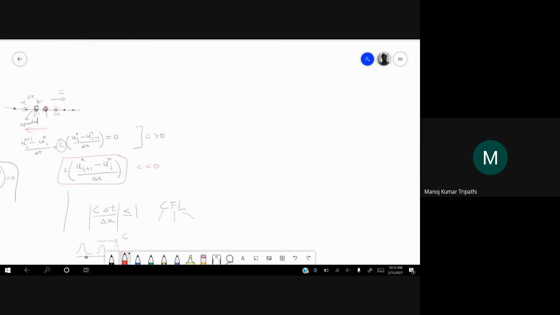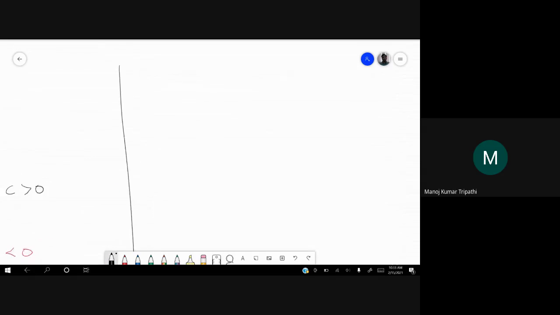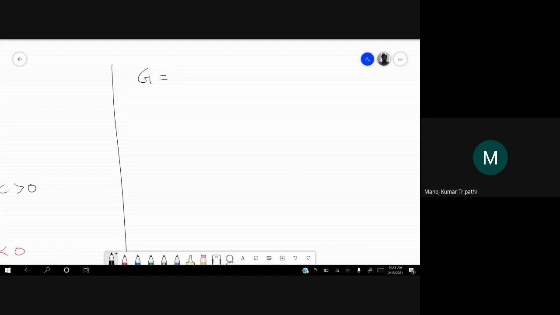Okay. Is there any question? I hope this is all clear. Okay. Now for this case, I can also tell you what G is. In case of the thermal diffusion equation, G was not a complex number, but in this case, as you have seen, for the central difference case, it came out as a complex number.